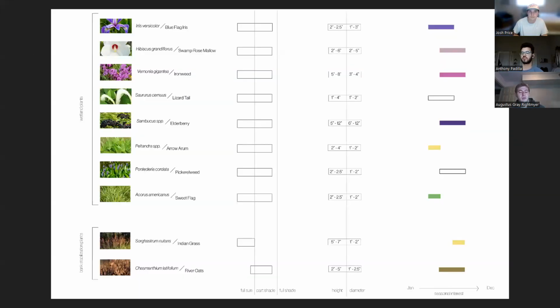Then getting into our plants that have these traits: blue flag iris, swamp rose mallow, ironweed, lizard tail, elderberry, and going down to Indian grass and river oats, which are more bank stabilization plants, with the ones on top being more water-loving wetland plants. And then we just have a seasonality chart and dimensions.